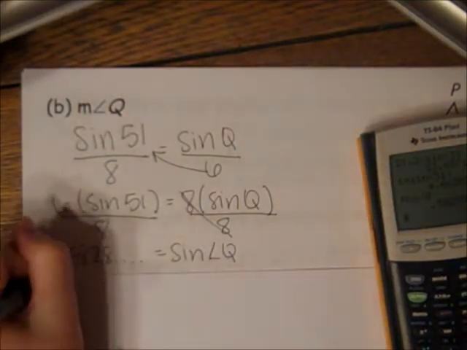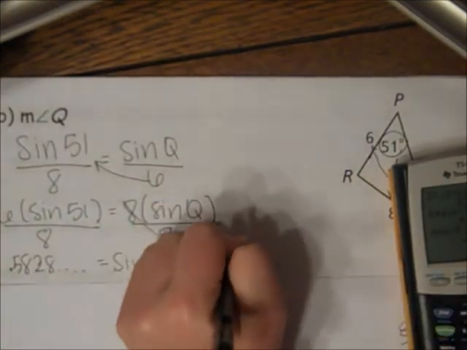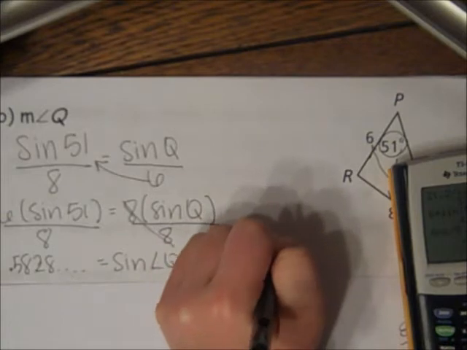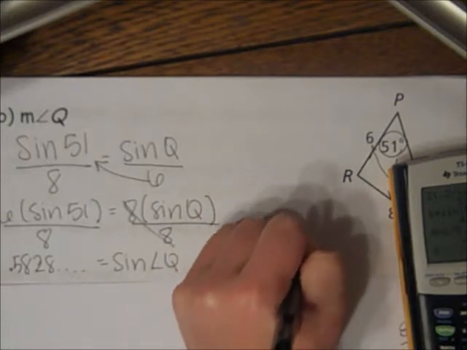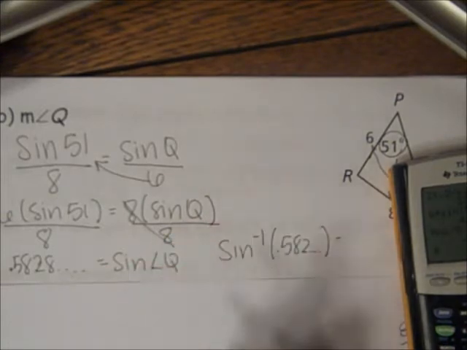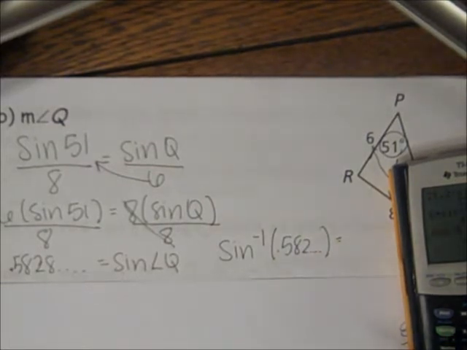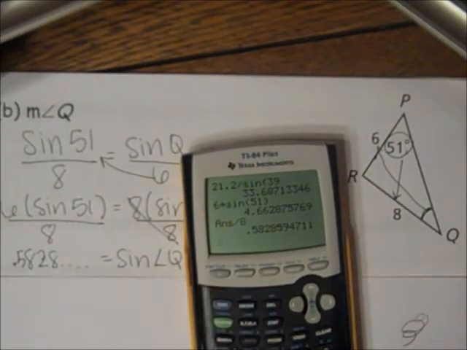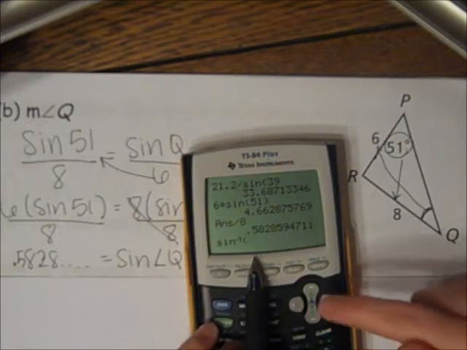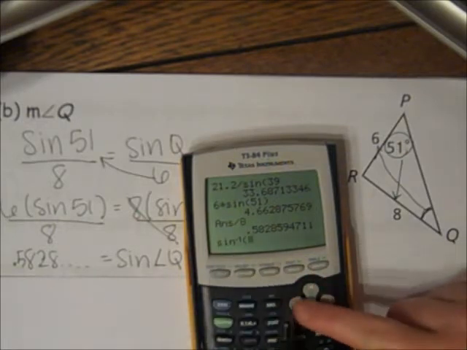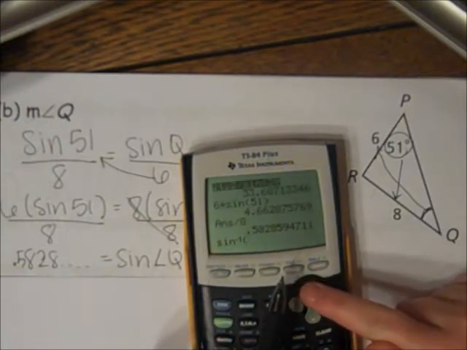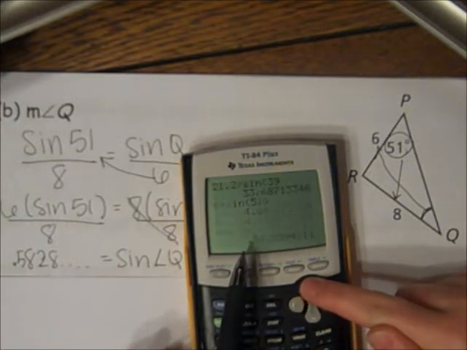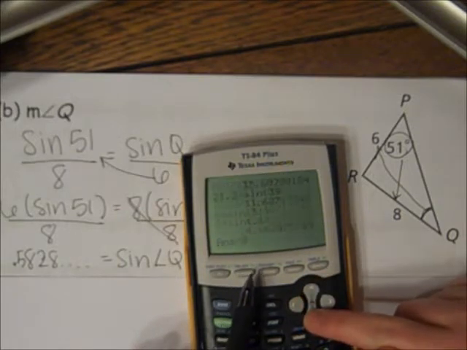So I'm going to type sine inverse of 0.582 and so on into my calculator. Again, today I'm trying to hold on to all of my decimals so I don't have to round before I round. I don't know if you know how to do this or not, but you can scroll up and choose anything that you've already done previously.